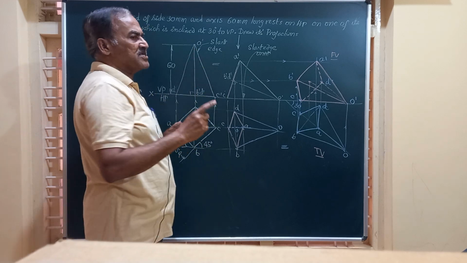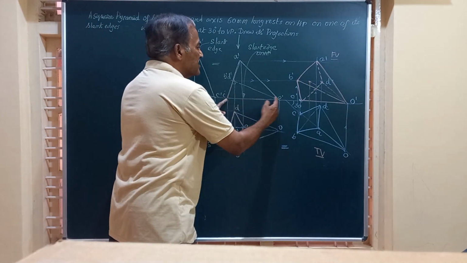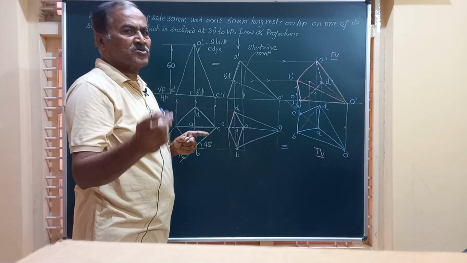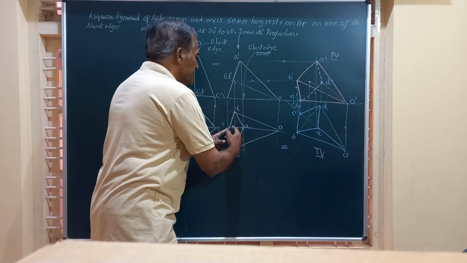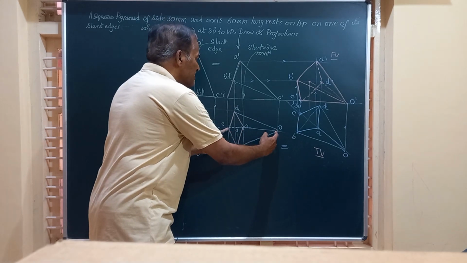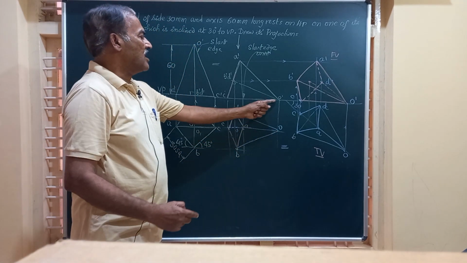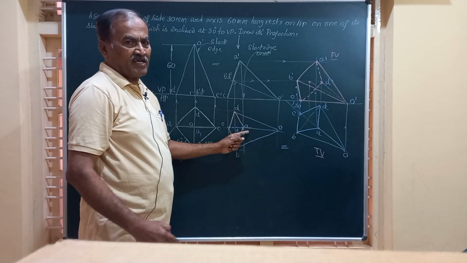O dash C dash is the slant edge, that O dash C dash is on XY, that is to say the slant edge is on HP, and that is seen as a line here, and the top view of that line or that slant edge is parallel to VP.